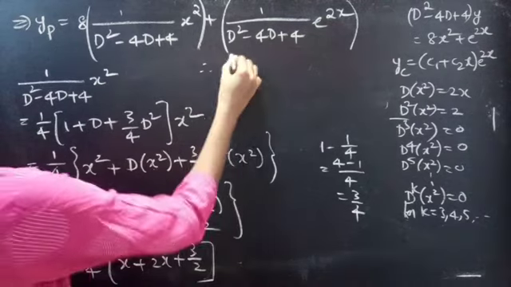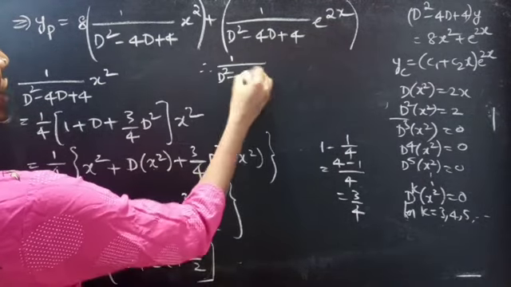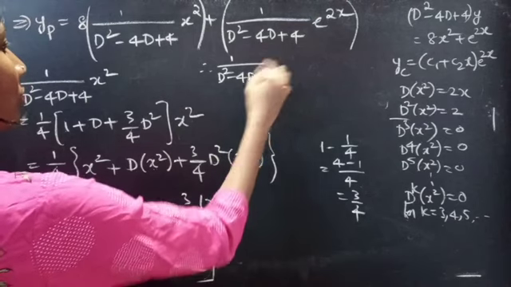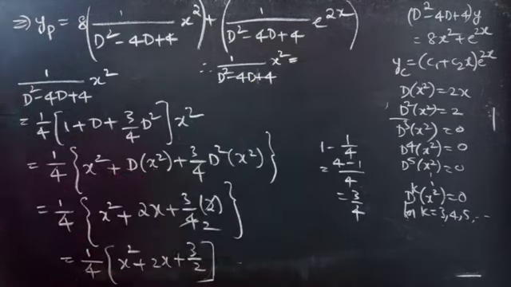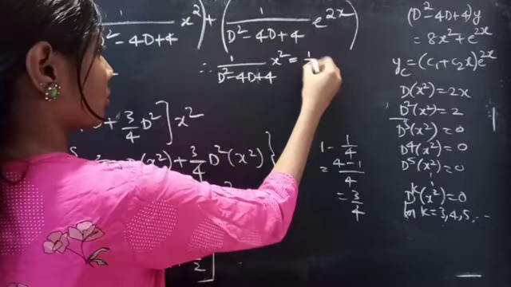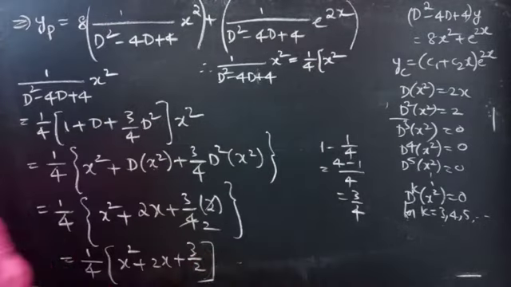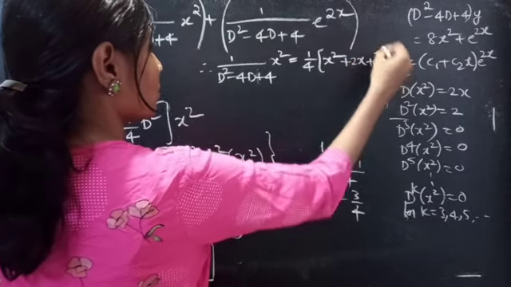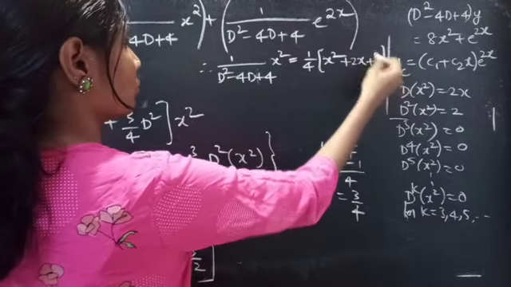Therefore, 1 by d square minus 4d plus 4 into x square is 1 by 4 into x square plus 2x plus 3 by 2, right?